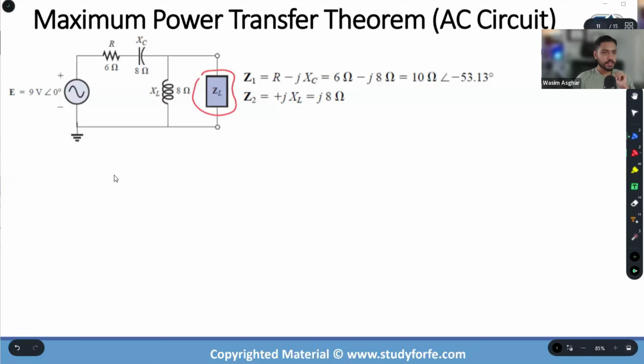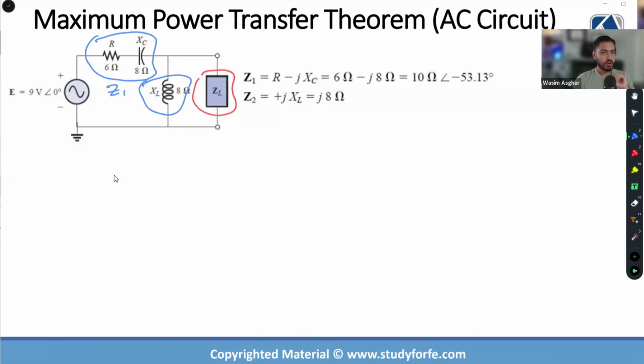To make our life easier, we can call this particular setup as Z1, one block of impedance, okay? And we can call this block as Z2. Now, one of the things that confuses a lot of students is the representation of reactances.